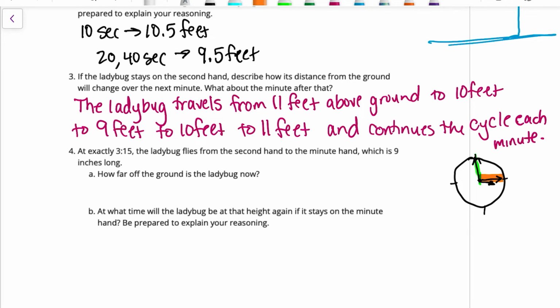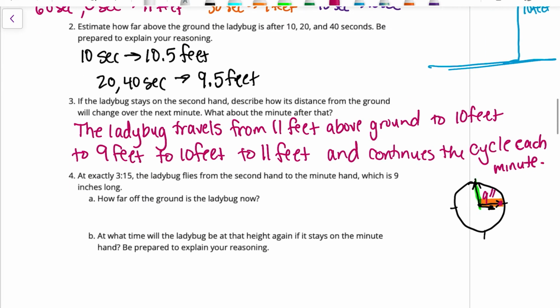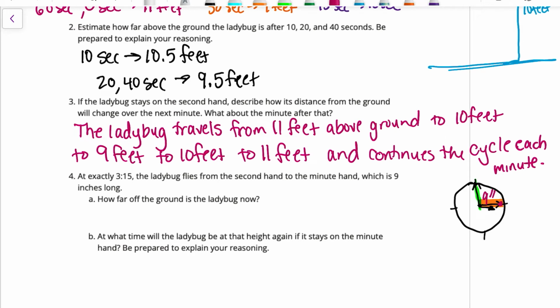So the ladybug is now here. Actually, it's at the tip of that, so it's like here. And that is 9 inches long. So how far off the ground is the ladybug now?